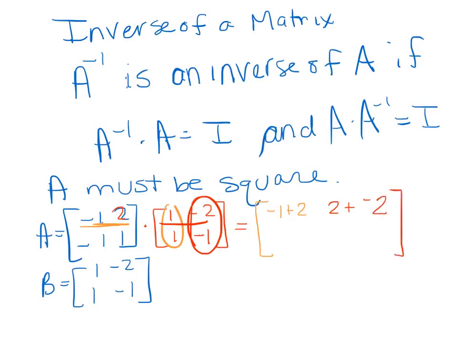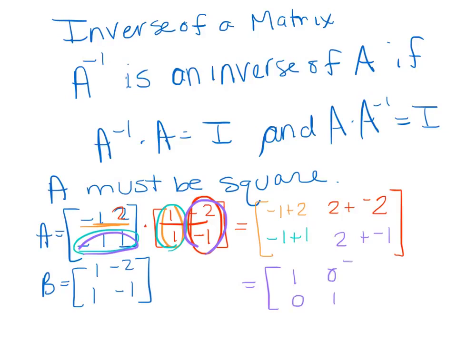And then I can take second row, first column, and get -1 plus 1. And second row, second column, I've got 2 plus a -1. All said and done, I'll reduce everything to 1, 0, 0, 1. And indeed, that's the identity matrix, so that worked out. And then I would just do it again the other way, take B times A.